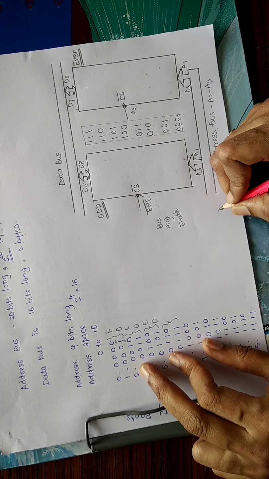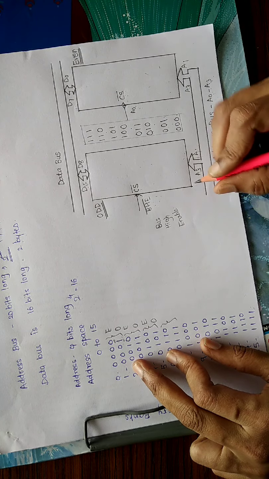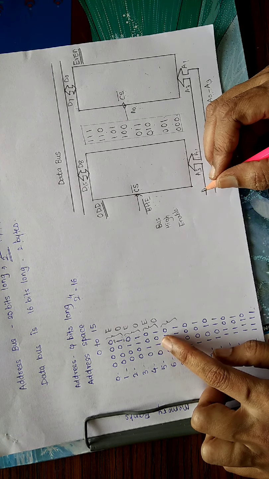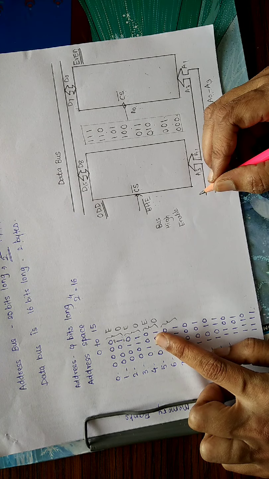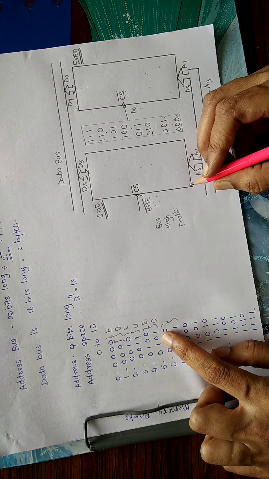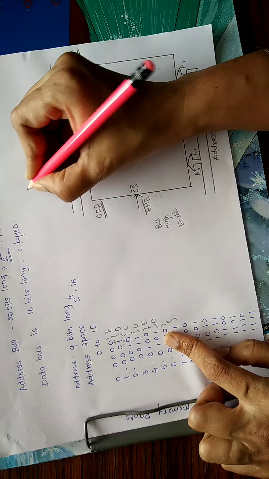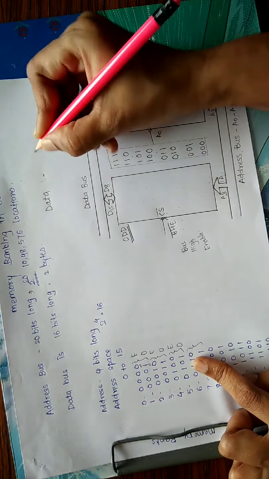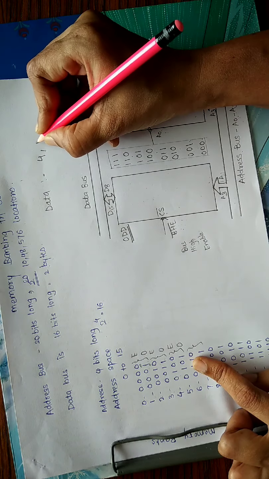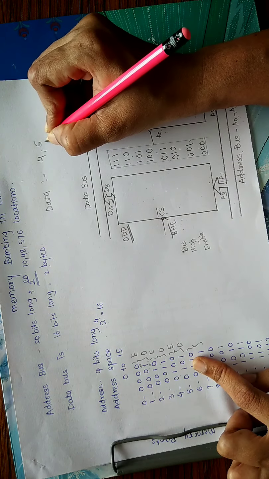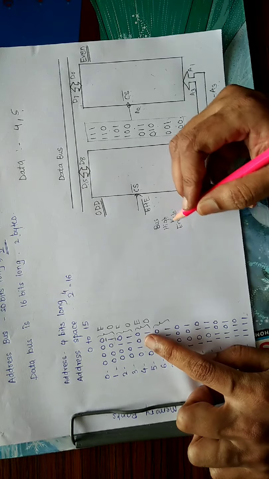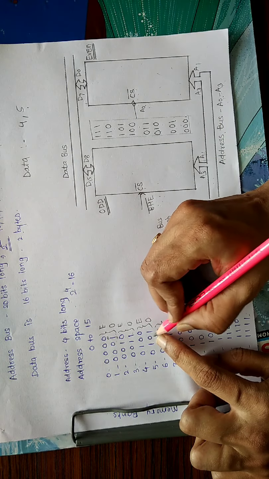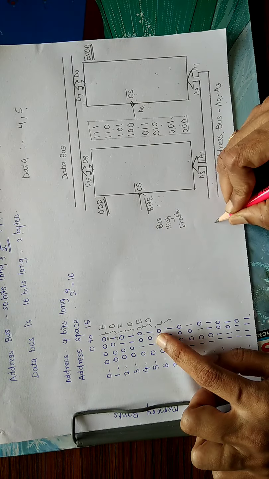Let data be fetched from locations 4 and 5. The data to be fetched is located at the even address 4 and the successive byte is stored at 5. For 4 and 5, the 3 common bits are 0, 1, 0.